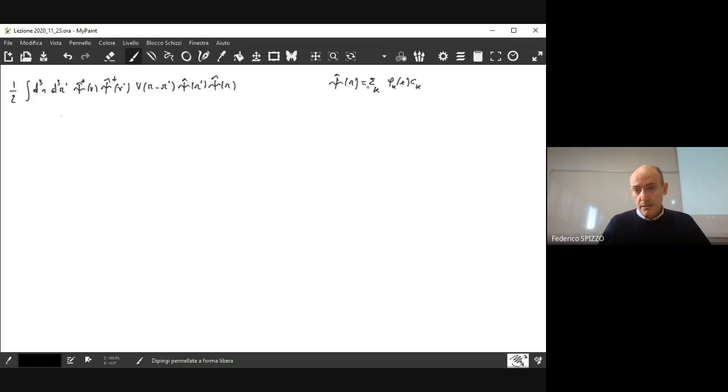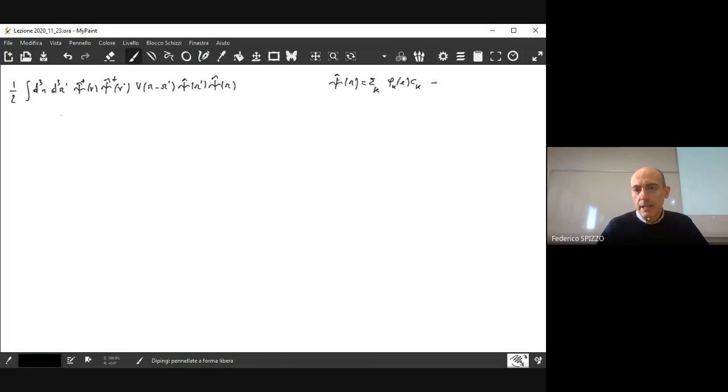To make the calculation, I will use the same approximation that I used when we evaluated the exchange contribution after the Hartree-Fock calculation. In that case, I used plane waves as wave functions for the evaluation.